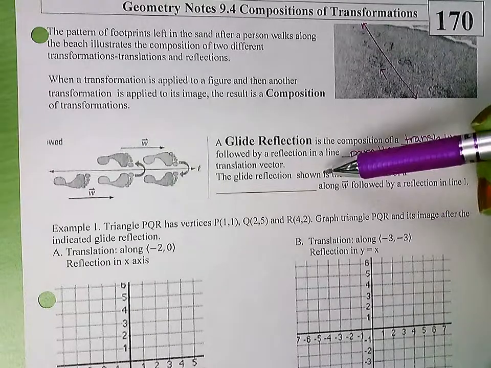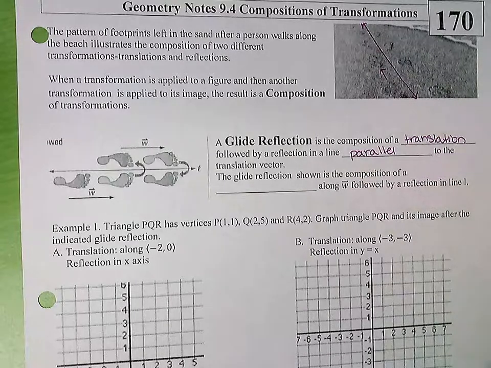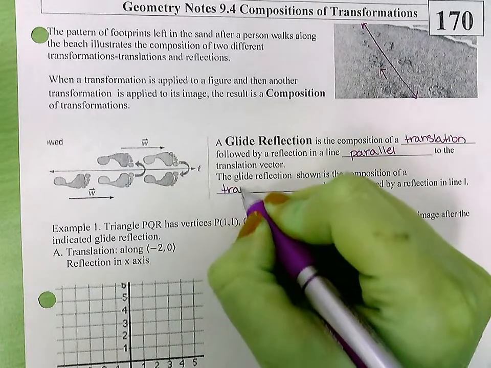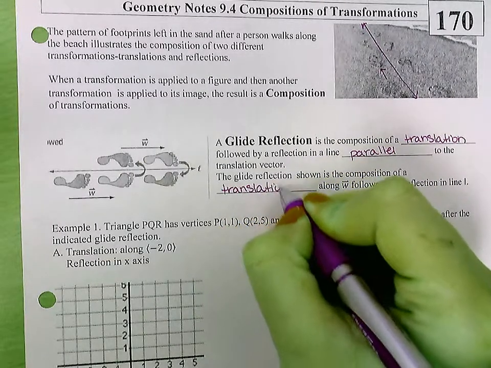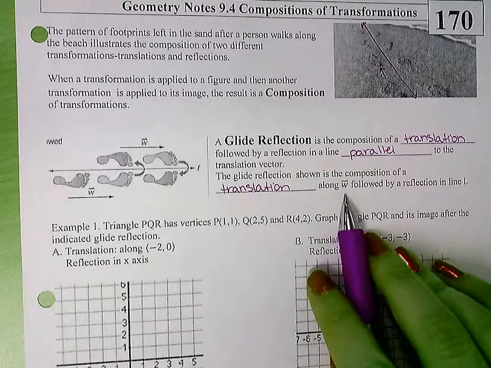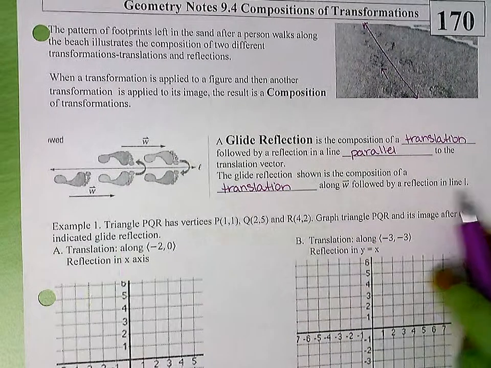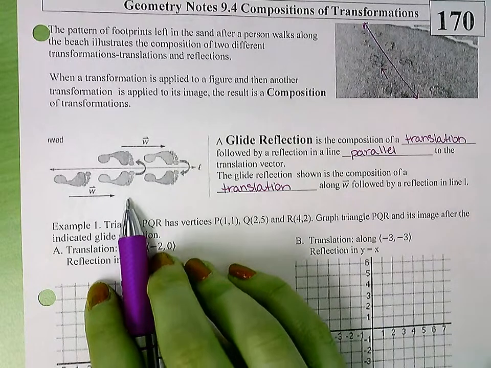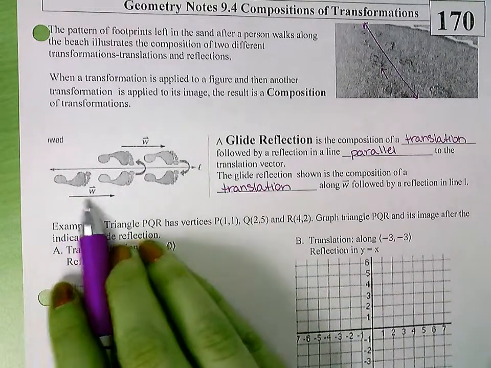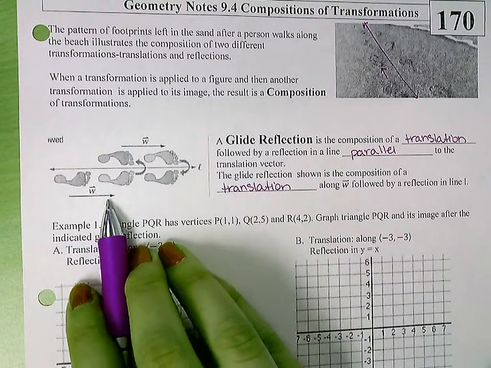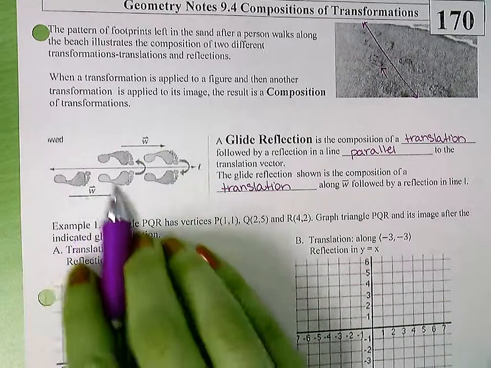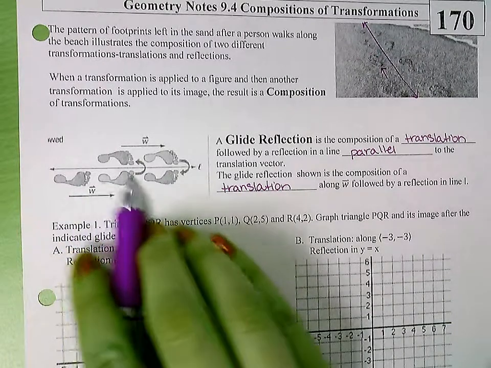The glide reflection shown is a composition of a translation along vector W followed by a reflection in line L. So they're talking about this picture here. First, we're moving that foot along that vector W to get this one right here.